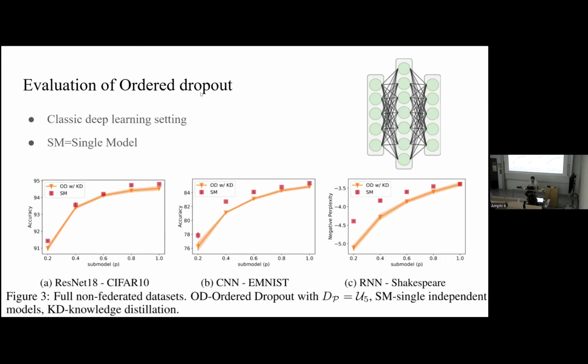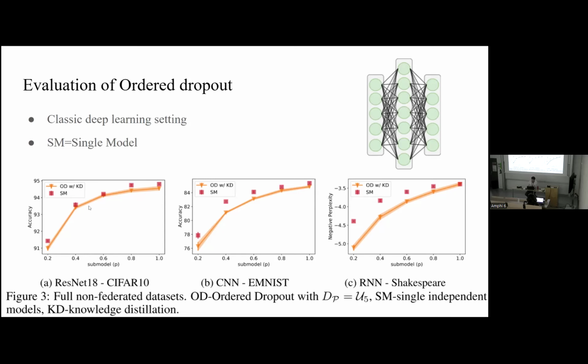First, in the experiments here, this is a classical deep learning setting. We don't have anything federated here. This is only to evaluate dropouts. Single model here represents what if we have this subnetwork as a single model and we train it from the beginning, completely disregarding everything else, like the smaller subnetworks or the bigger ones.